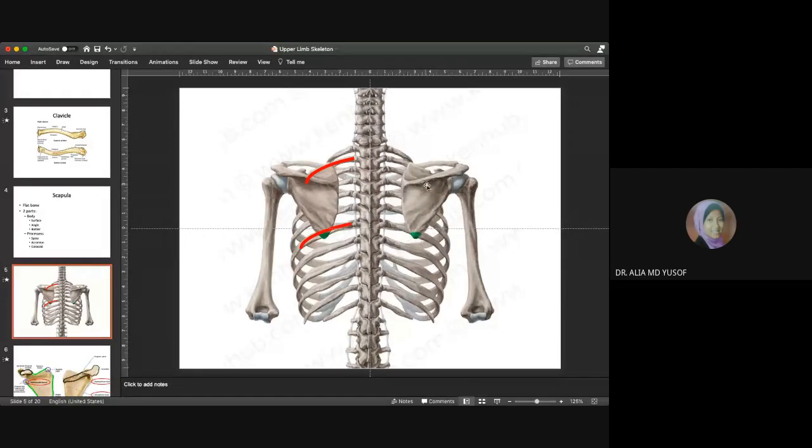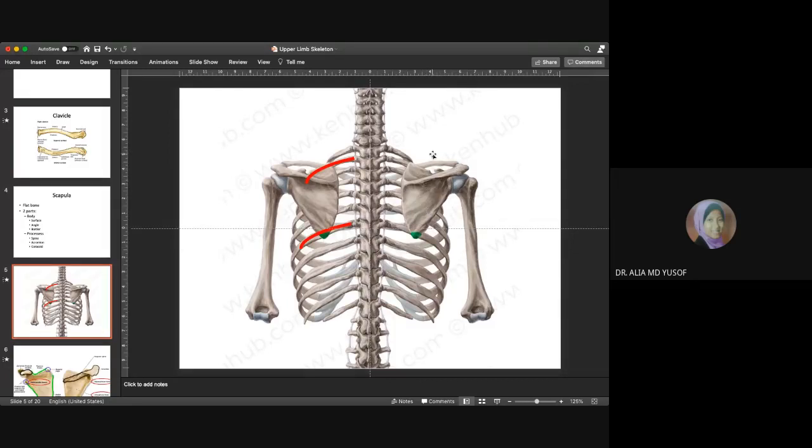Apakah three prominent irregular structures itu? Number one, spinous process at the back, okay, ataupun scapula spine. And then dia continuous dengan acromion. And then yang kat depan kita ada cangkuk tu, that is your coracoid process. So tiga tu je yang berbentuk irregular. The rest of the scapula is actually flat bone.